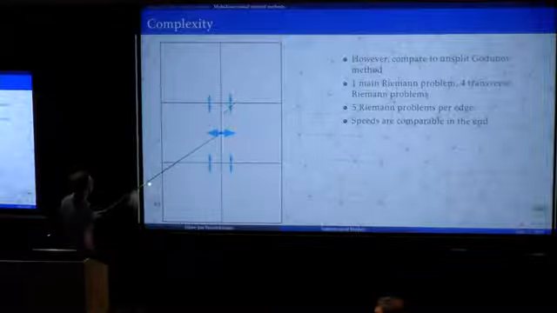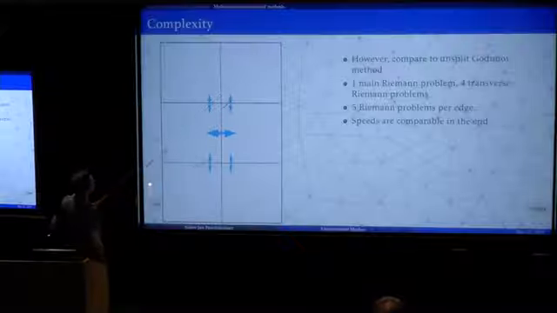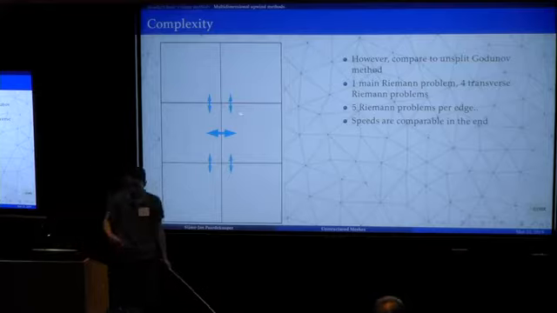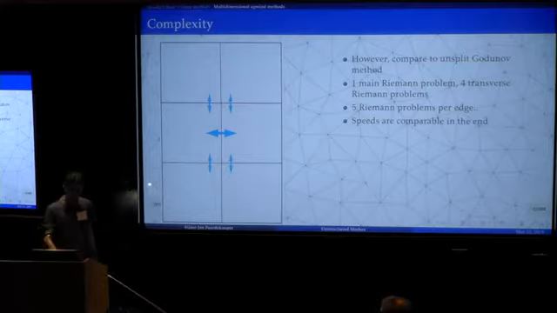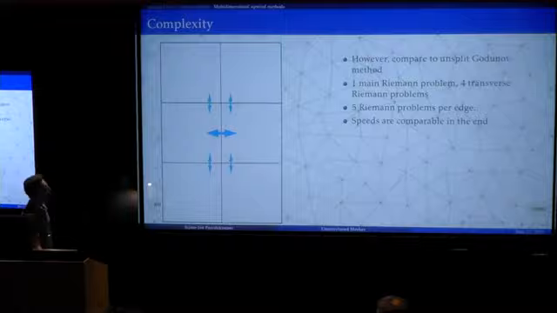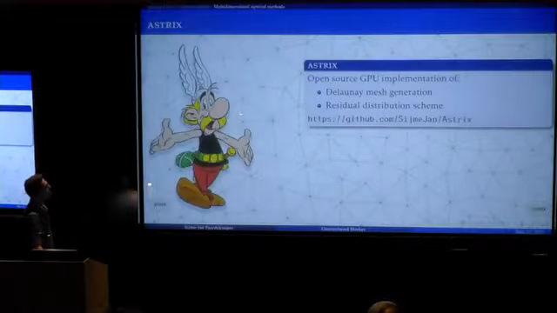So this solution will interact with this cell. So there's 4 more Riemann problems to solve. So you solve 5 Riemann problems for every edge in the mesh. So in the end, the speeds are not too different. They're within a factor of 2. They're definitely more complex to code, but in terms of speed, they're not too bad.